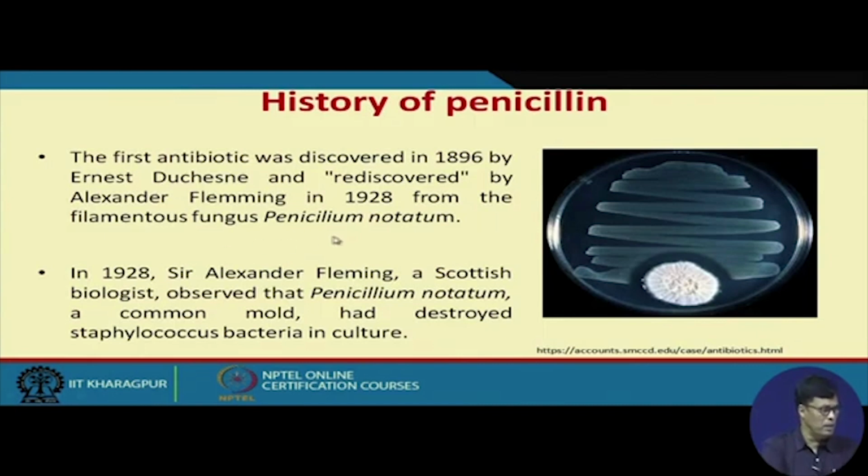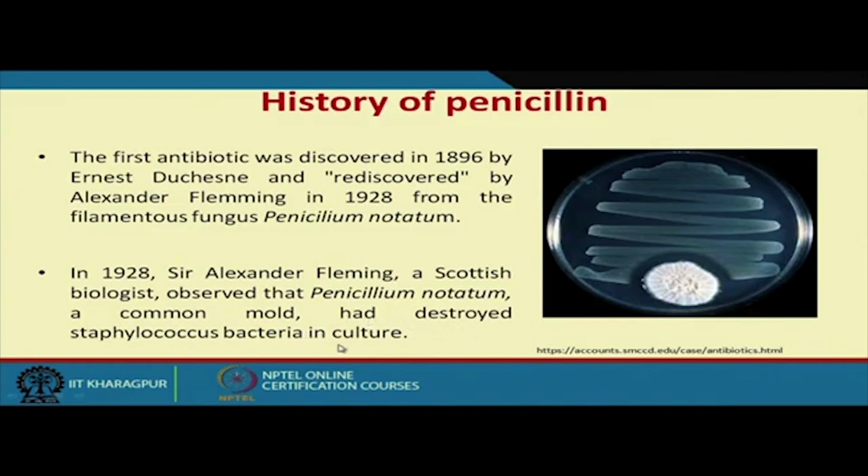The first fungus that has been identified for the formation of penicillin is Penicillium notatum, and this is how it grows on the surface of the petri plates, and the fungus looks like this, as shown on the petri plates. In 1928, Sir Alexander Fleming, a Scottish biologist, observed that Penicillium notatum, a common mold, had destroyed the Staphylococcus bacterium culture.